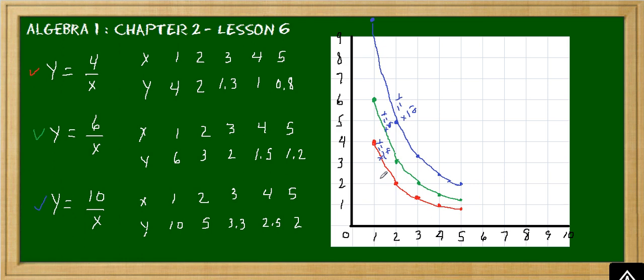That's an interesting question. Now, where's the origin? We need to find the origin, and the origin is here. So what are we noticing? Let's just read again. How are the constants of variation related to the distances of the curves from the origin?